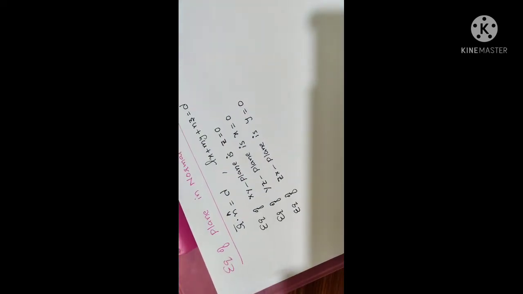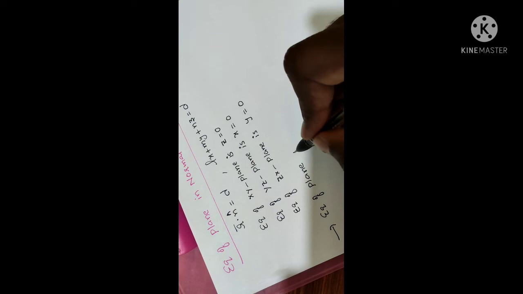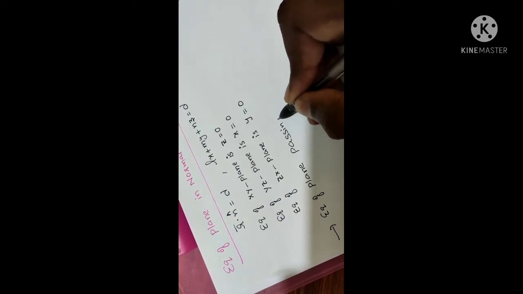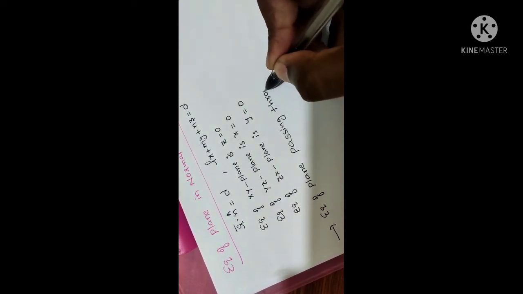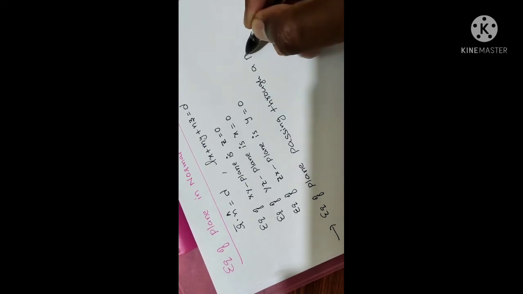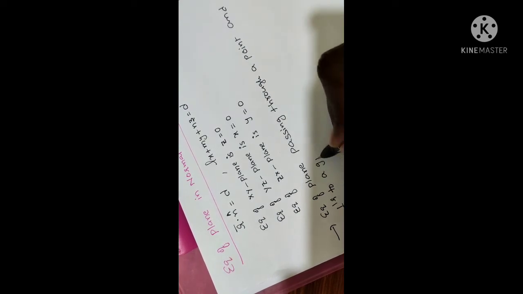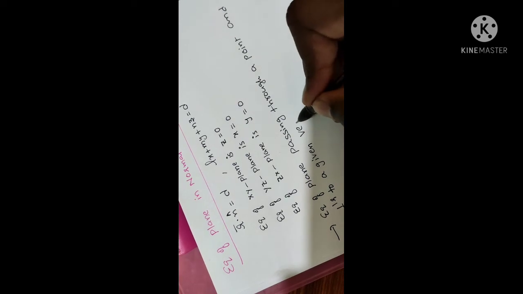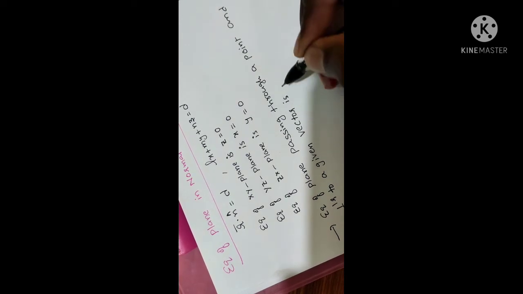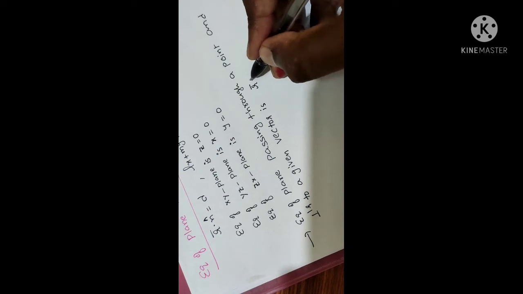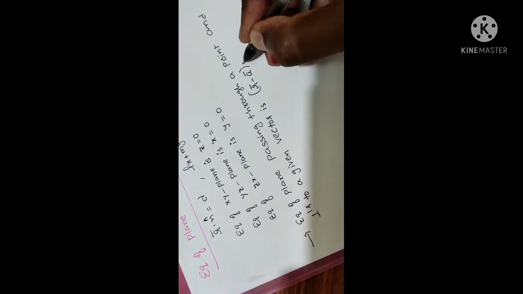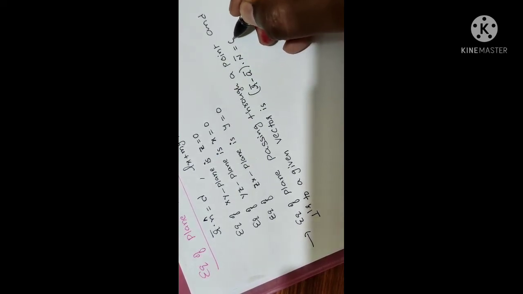The next point is equation of plane passing through a point and perpendicular to a given vector, which is r bar minus a bar dot n bar is equal to 0.